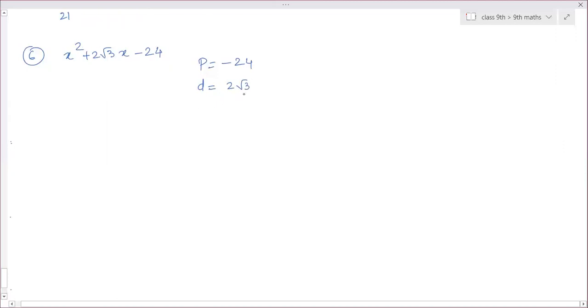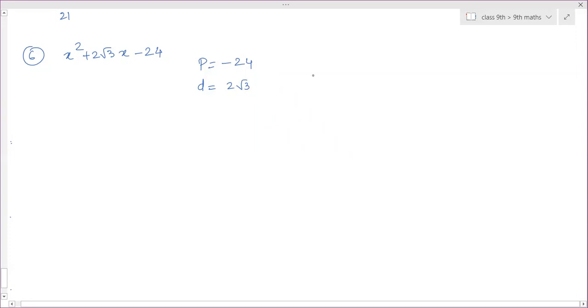Now we need root 3, listen very carefully. We need root 3 in the sum or difference form. That means root 3 should be present in both the terms. So we need root 3 into root 3 on both sides.